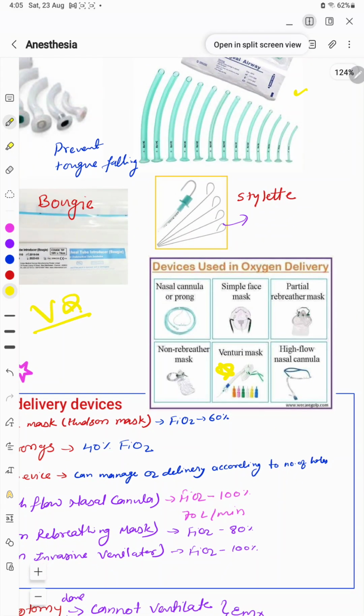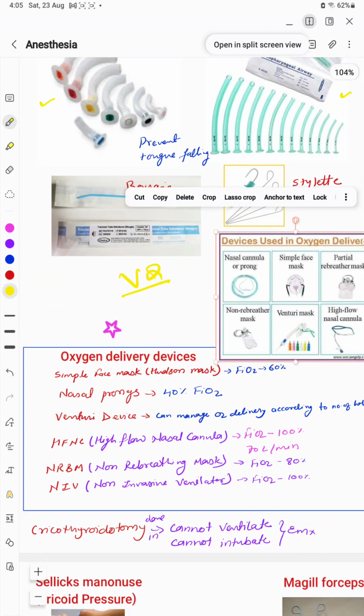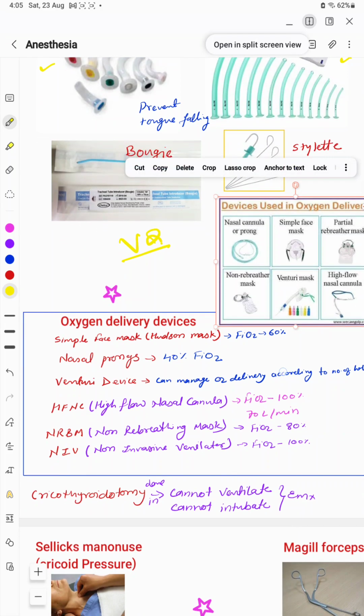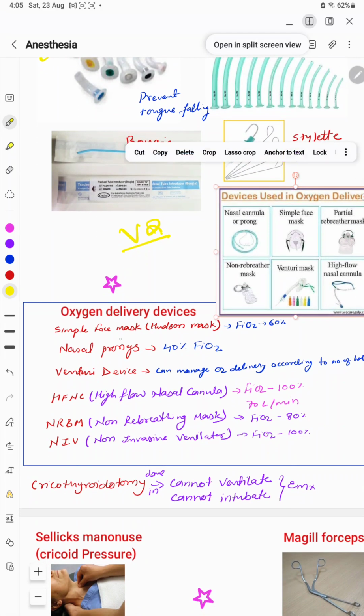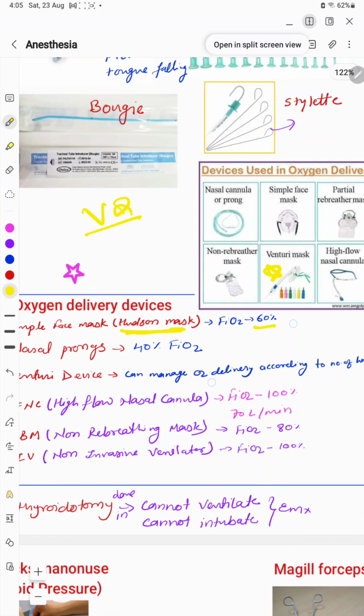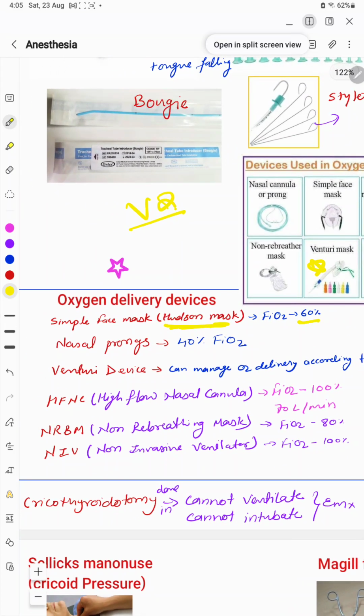Okay, and high flow nasal cannula. Now how much oxygen will we deliver with each mask? You can see the simple face mask, Hudson mask. Simple face mask delivers 60% oxygen, and nasal prongs, you see in the movie, deliver 40%.